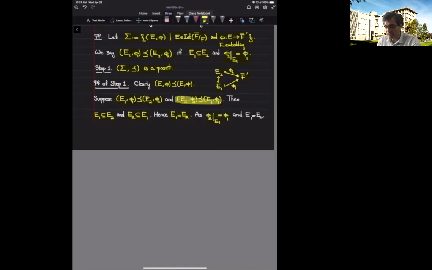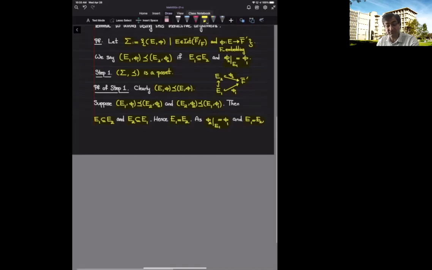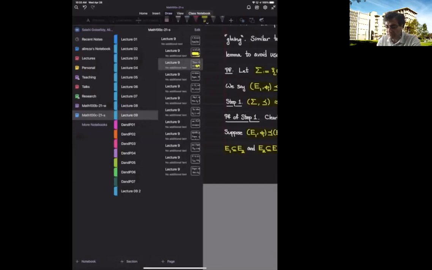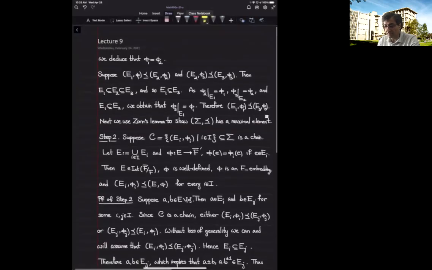This is enough because E sub 1 is E sub 2. That means that phi sub 1 is phi sub 2. So that means that the pairs are the same. So this shows the anti-symmetry relation.